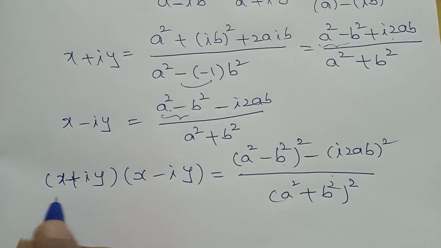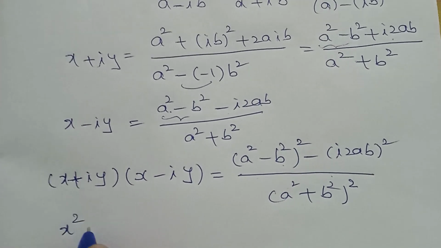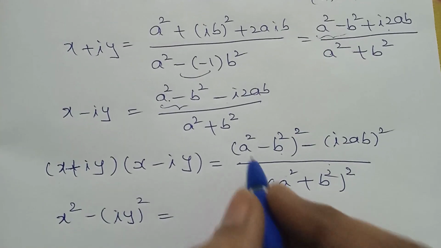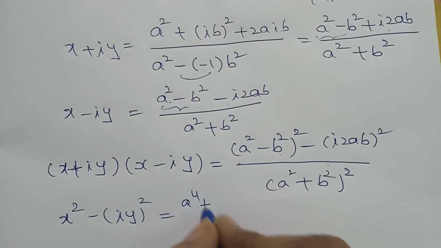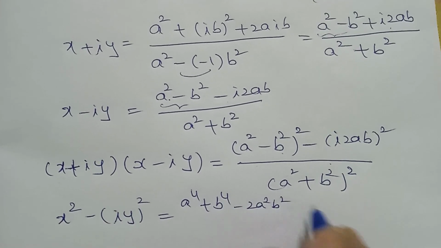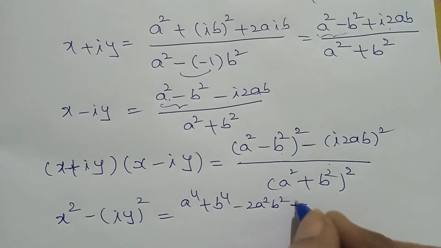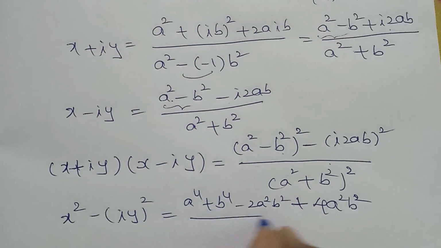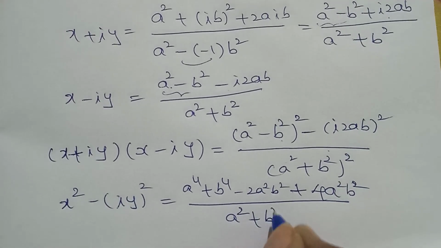So LHS becomes (a plus b) into (a minus b) form, again a square minus b square, which is x square minus (iy) whole square, which is equal to (a square minus b square) whole square, which is equal to a power 4 plus b power 4 minus 2a square b square, and since i square is minus 1, it becomes plus 4a square b square, by (a square plus b square) whole square.